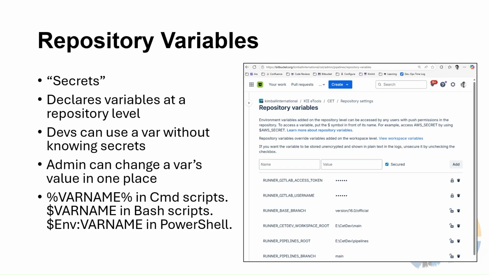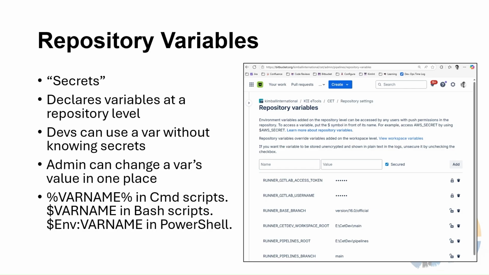That's all it says. But really, that's for Bash. That's for Linux. So if you ever see %, variable name, %, you will know you are working within a command prompt script. If you ever see $, var name, at least from an environment variable standpoint, you're working within a Bash script.